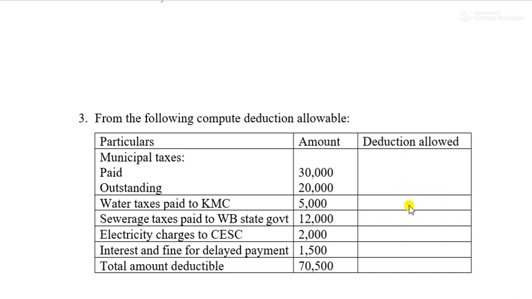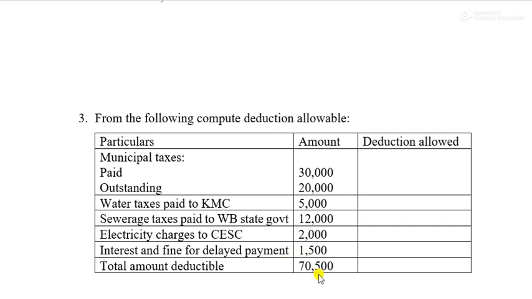30,000, then 5,000. Sewerage tax paid to West Bengal state government, 12,000. Now, should we allow this as deduction? No. Why? Because taxes levied by local authority are deductible. However, taxes levied by state government are not deductible. Next, electricity charges to CESC, not chargeable. Interest and fine for delayed payment, not allowed.